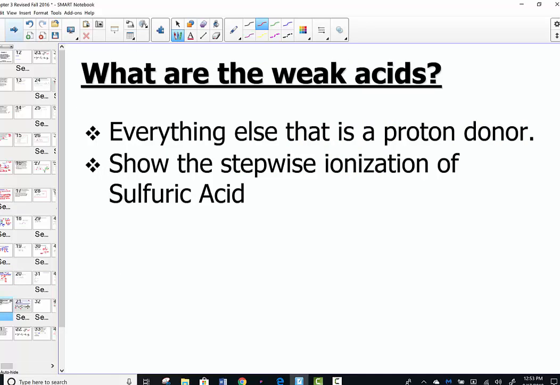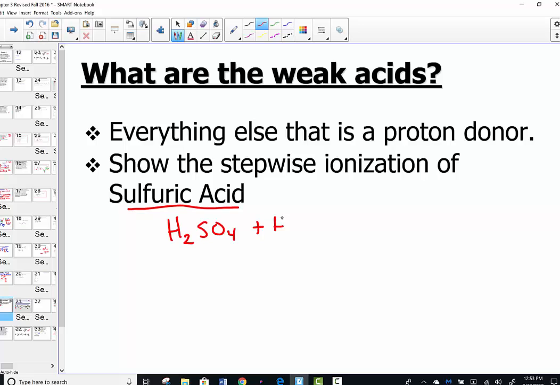So we're seeing that once we have those 7 acids memorized, everything else is a weak acid, and by weak we set up an equilibrium arrow through the dissociation. Let me emphasize sulfuric acid as a strong acid.